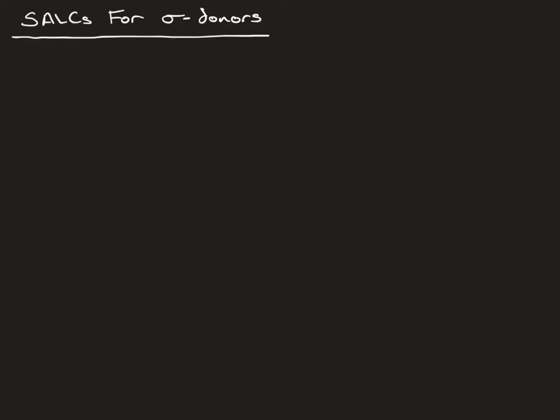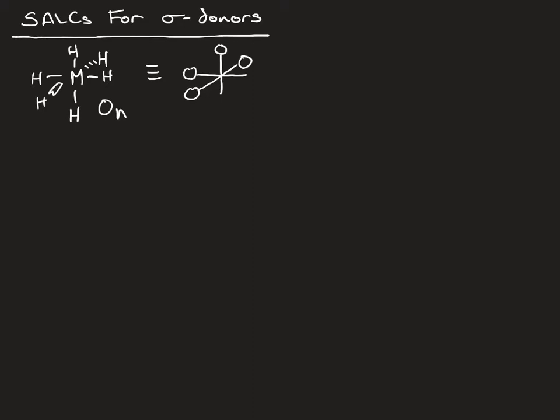We're going to start by constructing SALCs for a metal site that's surrounded by those 6 hydride ligands. If we only consider the valence orbitals for the ligands, we would just surround that metal site with 6 hydrogen 1s orbitals in OH symmetry.